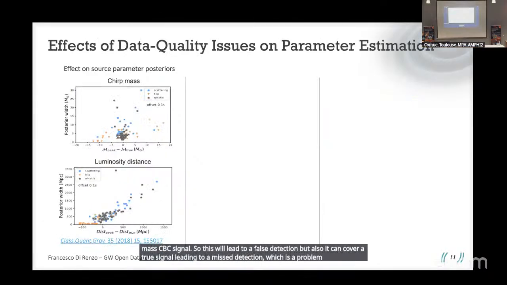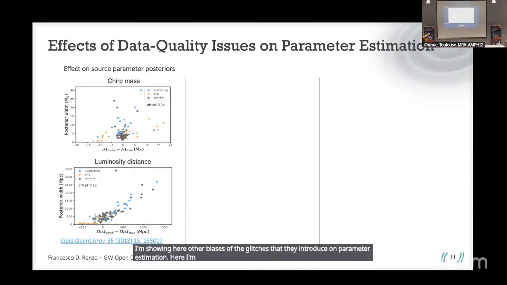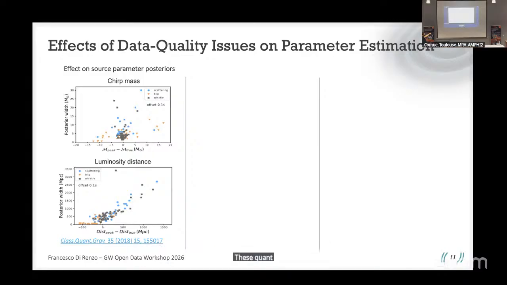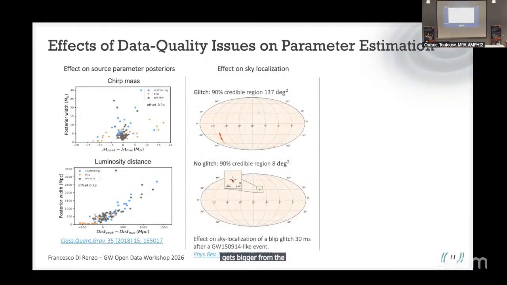I'm showing here other biases that glitches introduce on parameter estimation. Here I'm reporting two parameters, the chirp mass and the distance. And I'm showing here how these quantities get biased, with a horizontal shift with respect to 0 due to the presence of glitches, and also how the posterior distribution of these parameters gets bigger from the presence of glitches.